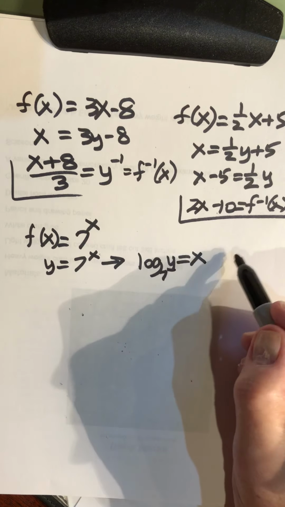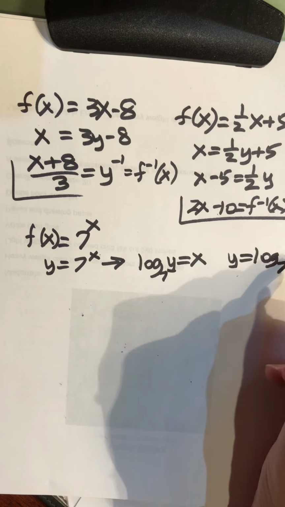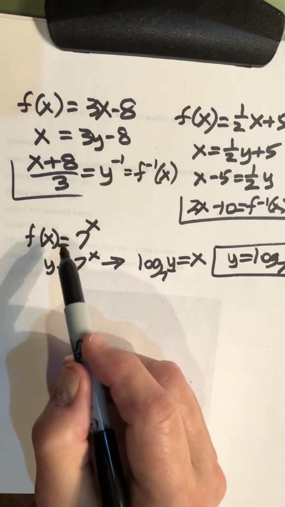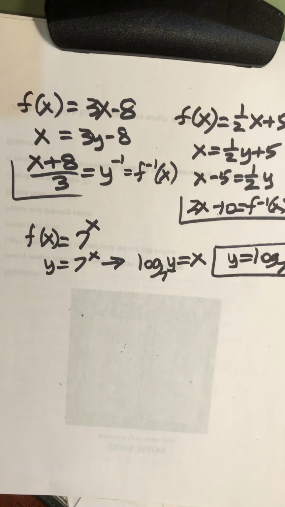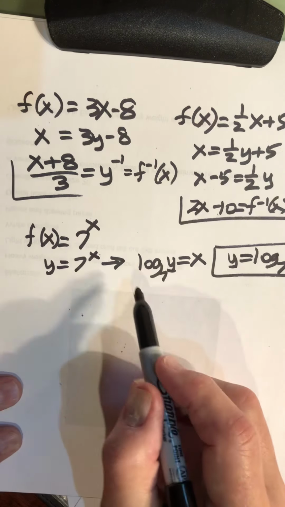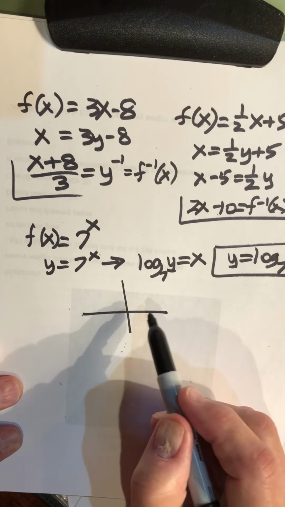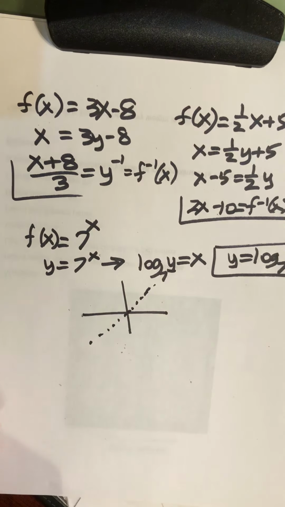So what does that become? y equals log base 7 of x. And of course, we already knew that to a certain extent because 7 to the x in exponential form is log base 7 of x in inverse. Logs and exponentials are inverses, and remember, they're going to graph as reflections across that imaginary line, y equals x.